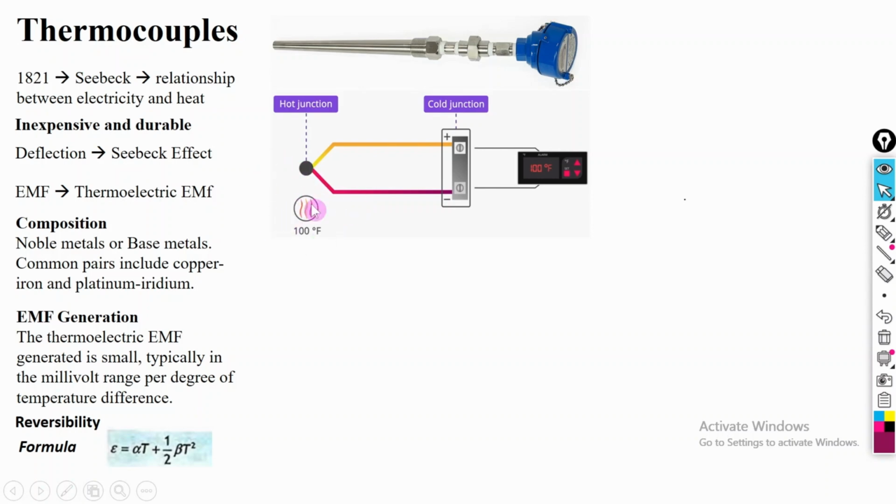So if we provide the temperature to this side of the thermocouple, let's say this wire is made of copper. That copper wire consists of a large number of copper atoms, and we know that the copper atom is large in size, and it consists of 29 electrons, and the outermost electron of the copper atom is present far away from the nucleus.